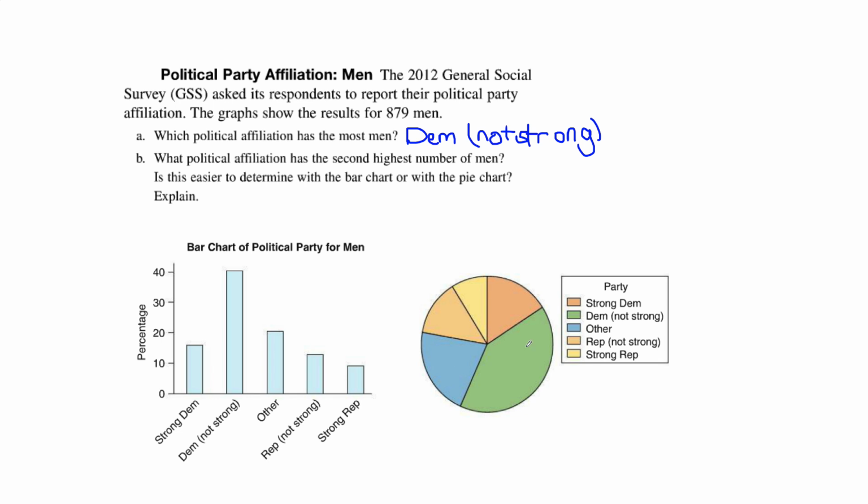If I'm looking at the pie chart, that's a little bit harder to determine because these four pies are relatively close in area. But if you look closely, the other pie is bigger. So we're going to say other. And I think it's easier to determine that using the bar chart because, again, it's a little harder to determine the areas of these pie slices when they start to get close.